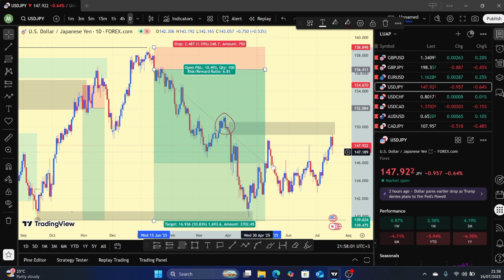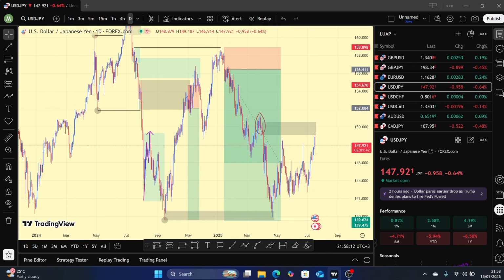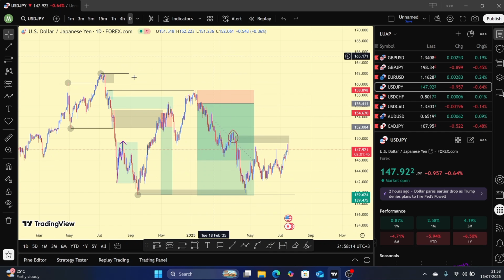You can see price is now consolidating here after mitigating this rejection block, but this rejection block is not supposed to hold or to push price all the way breaking past this trading range high.